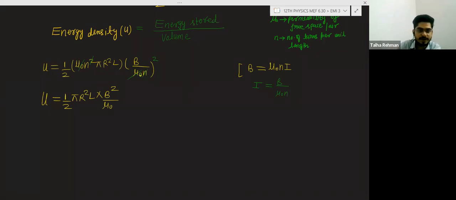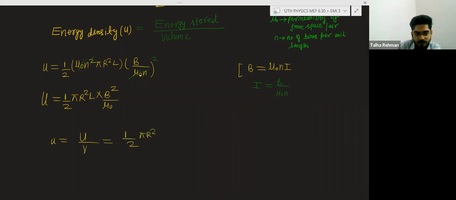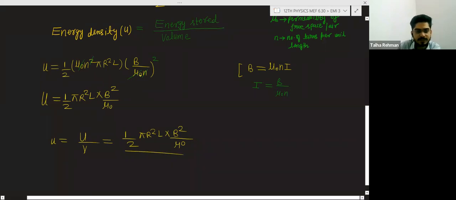Now energy density, small u, is equal to the capital U divided by the volume. Volume is V. So this is your capital U, half pi r square into L into B square by mu naught, and you will divide this by the volume. What is volume?